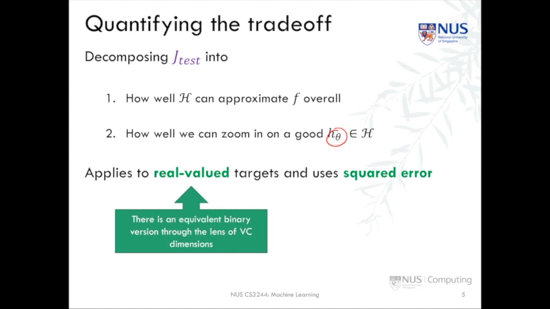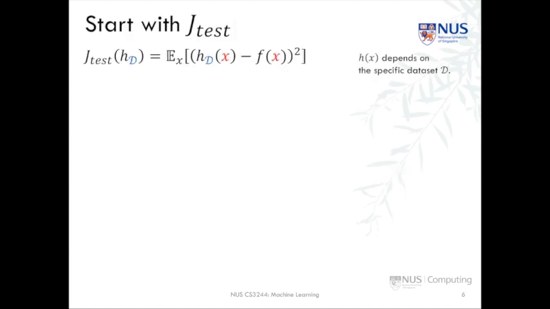This is through the lens of VC analysis, or Vapnik-Chervonenkis theory, which looks at a particular set of points to do its analysis rather than the hypothesis set overall.